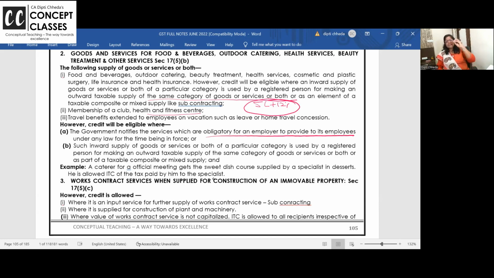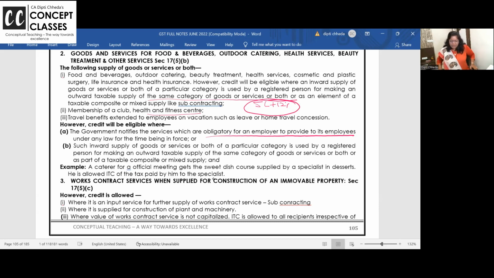For example, under the Factories Act 1948, if your worker is working for more than 8 hours, you have to give him lunch or dinner or food, and for that you have kept caterers. So are you obliged to give that service to your employees under a statutory obligation? Yes, ITC is allowed.